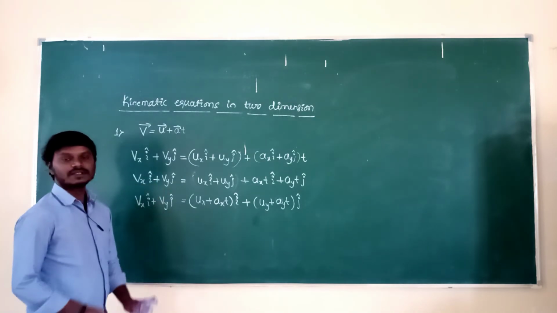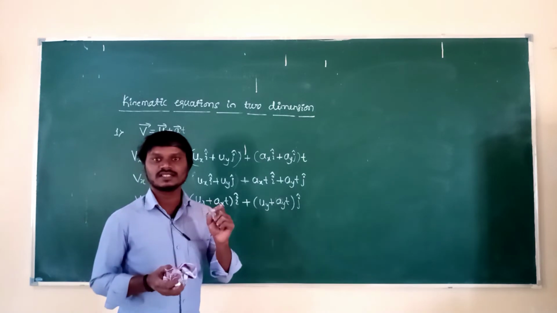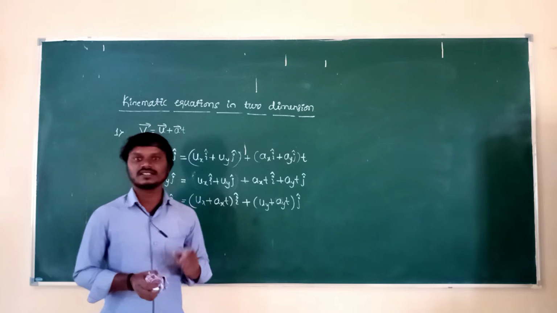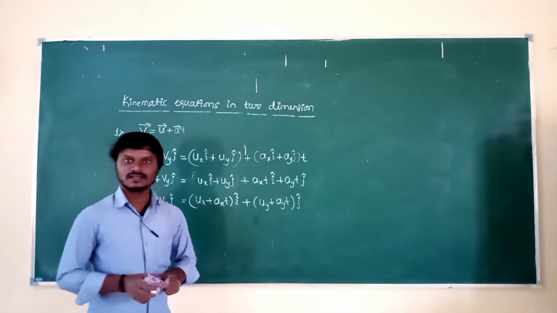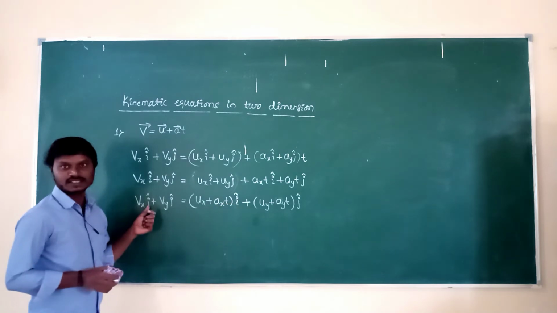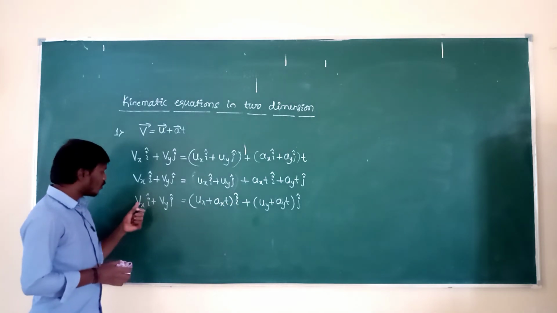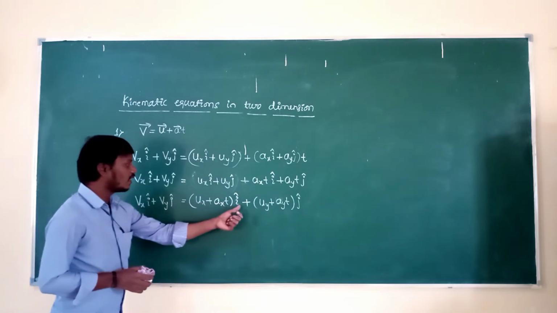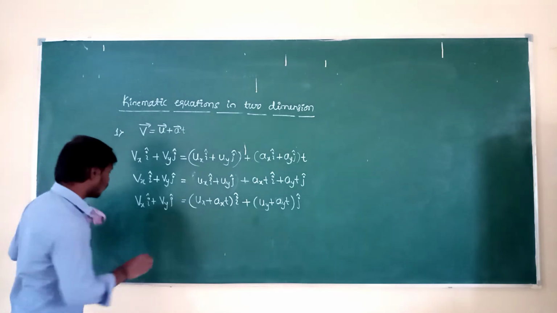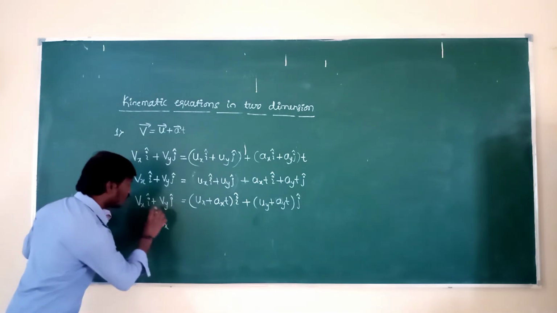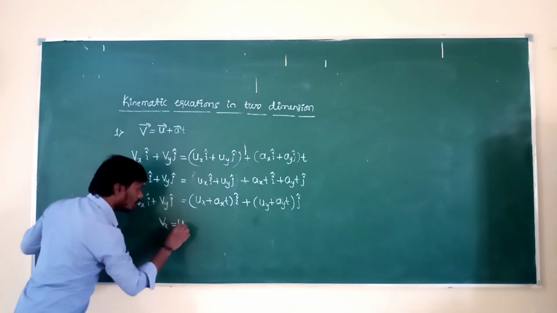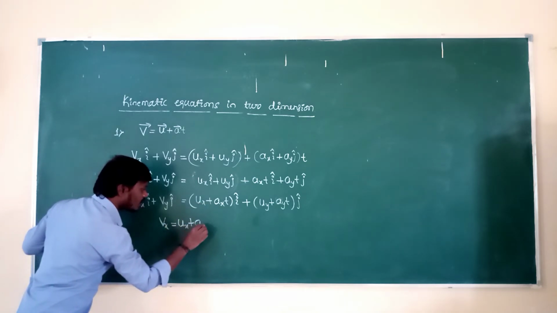Then we are going to find the final velocity along the x-axis, and also the final velocity along the y-axis. On comparing the coefficients of the unit vectors, the i coefficient Vx is Ux plus Ax into t. So Vx is equal to Ux plus Ax into t.